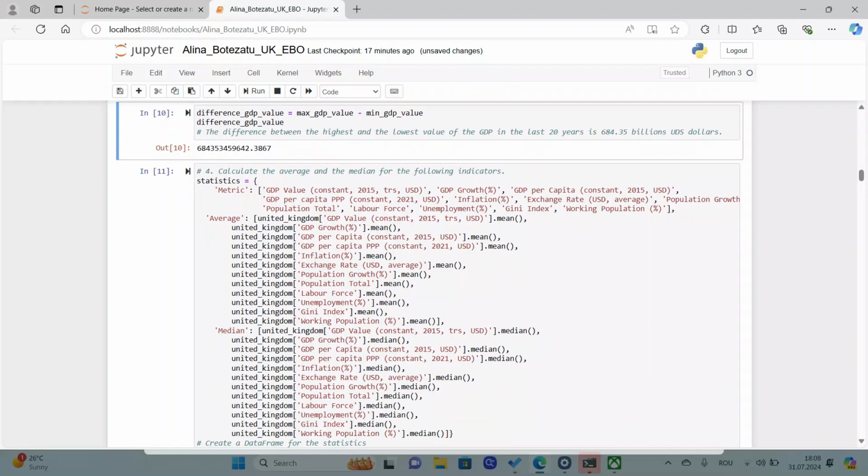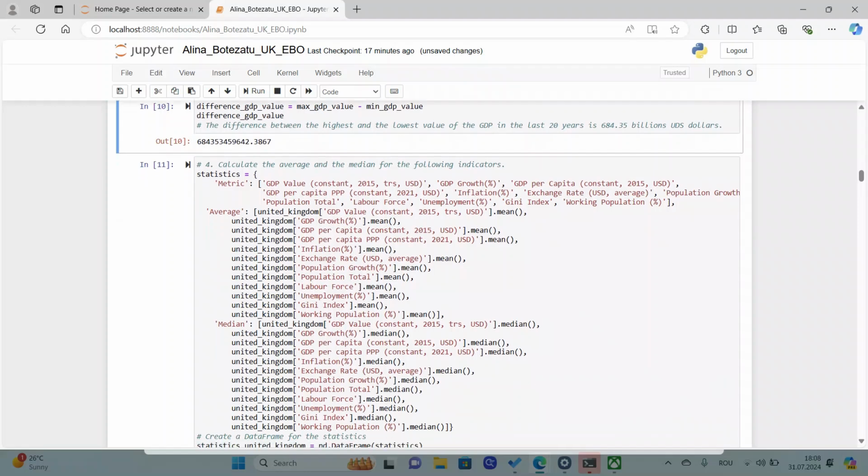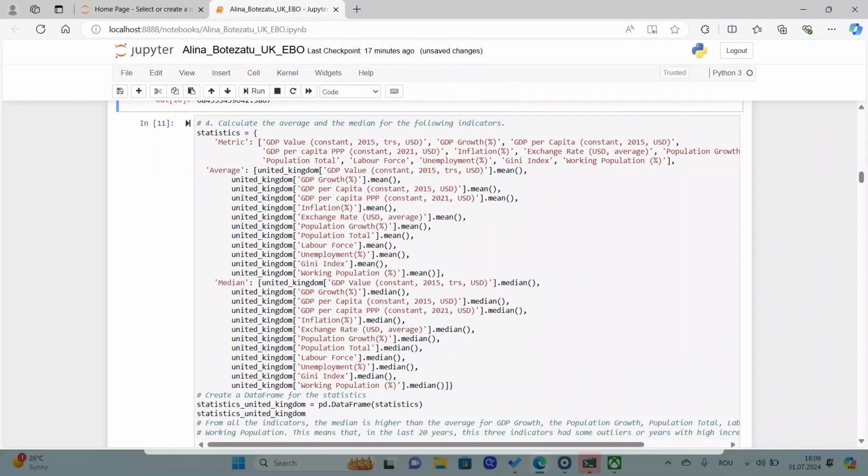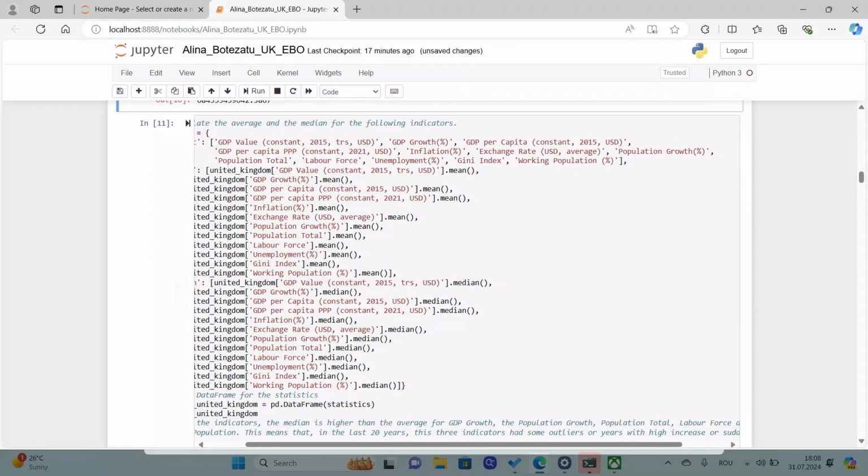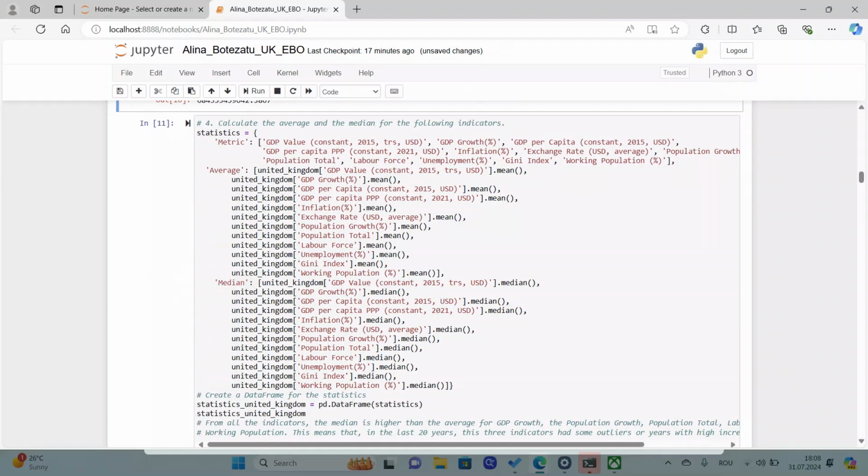Then I calculate the average and the median for the following indicators: GDP value, GDP growth, GDP per capita at purchasing power, inflation, exchange rate, population growth, population total, labor force, unemployment, Gini index, and working population. It was more of an exercise.